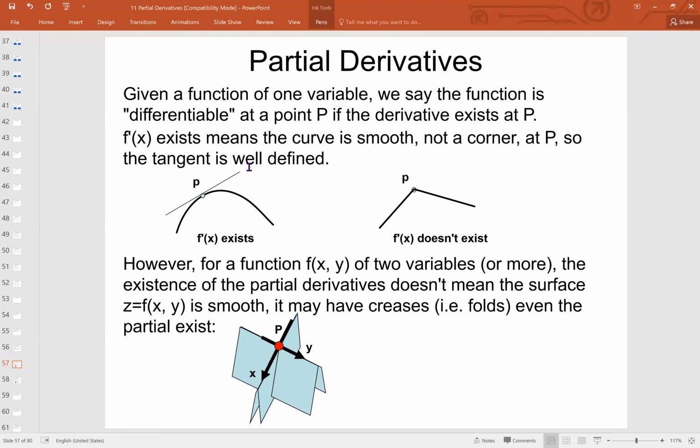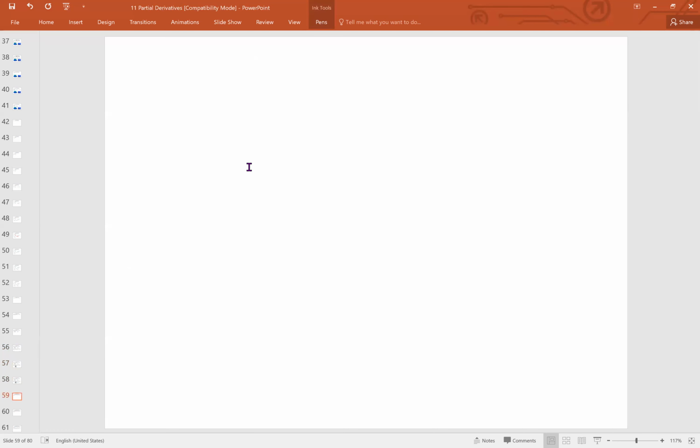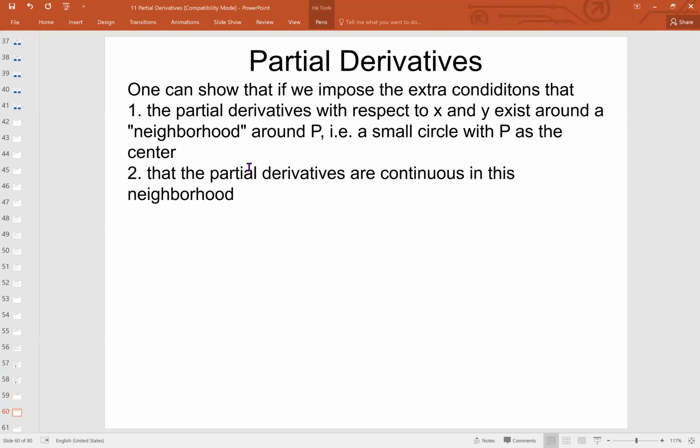In order to differentiate what a smooth surface is, we need a condition. It turns out the condition is the following. You require the partial derivatives, partial x and partial y, to exist not only at a point P, but also in a small neighborhood around it, so that the partial derivatives can also be calculated there.